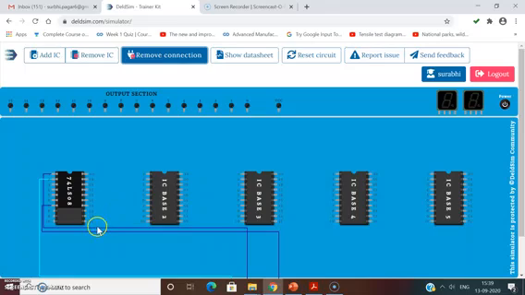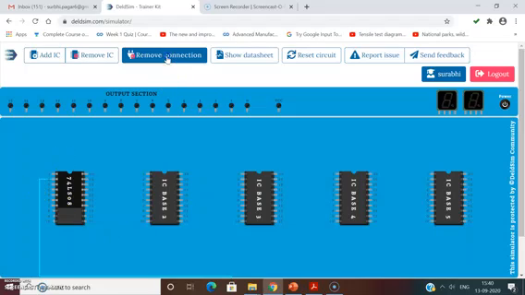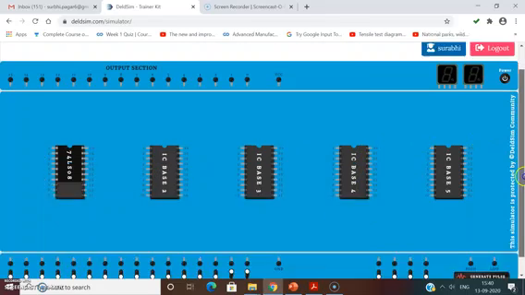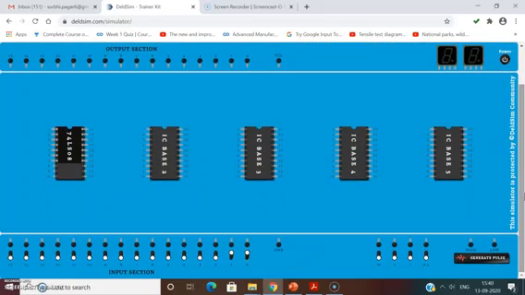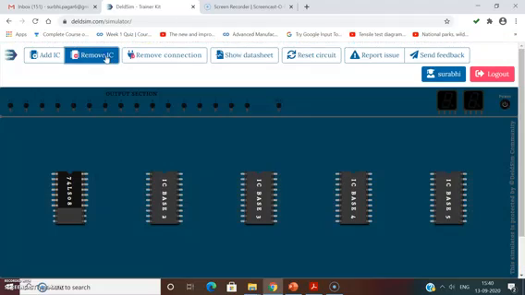Likewise you will remove all the connections which you have made. Okay, so now we have removed all the connections, and now I will remove the IC using this remove IC.